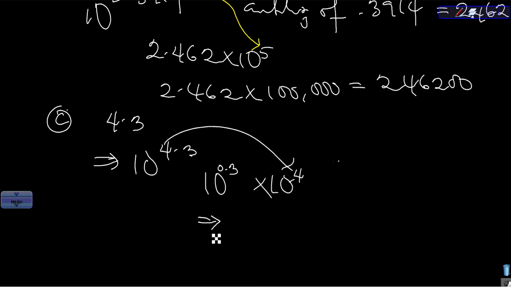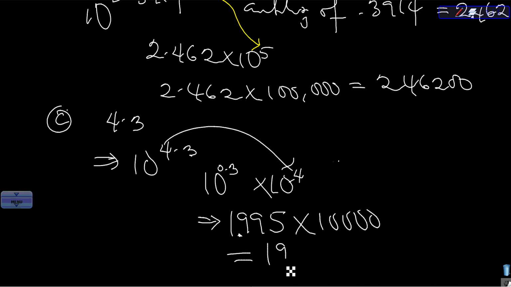The antilog of that is going to give us 1995. Where is the decimal point? It's always times 10,000. So this gives 19950, which is the antilog of that.